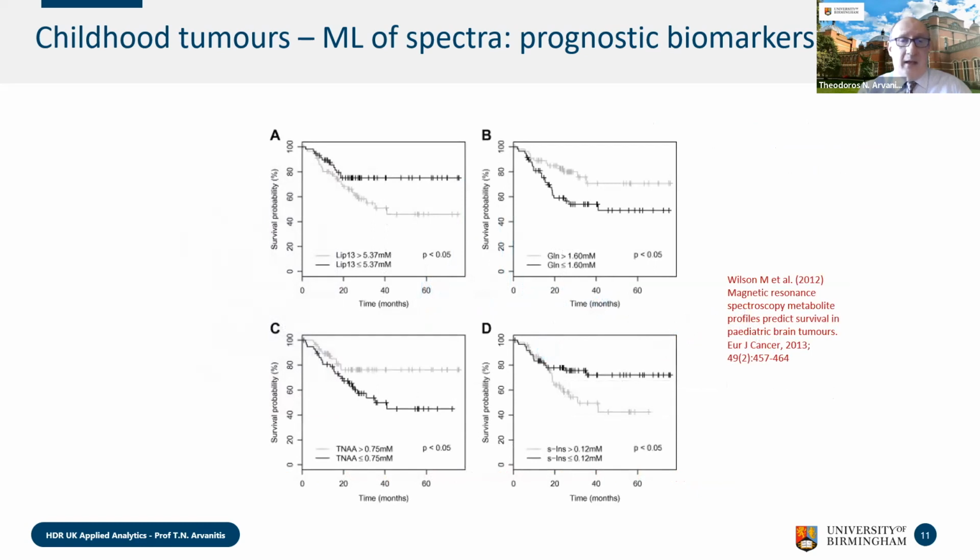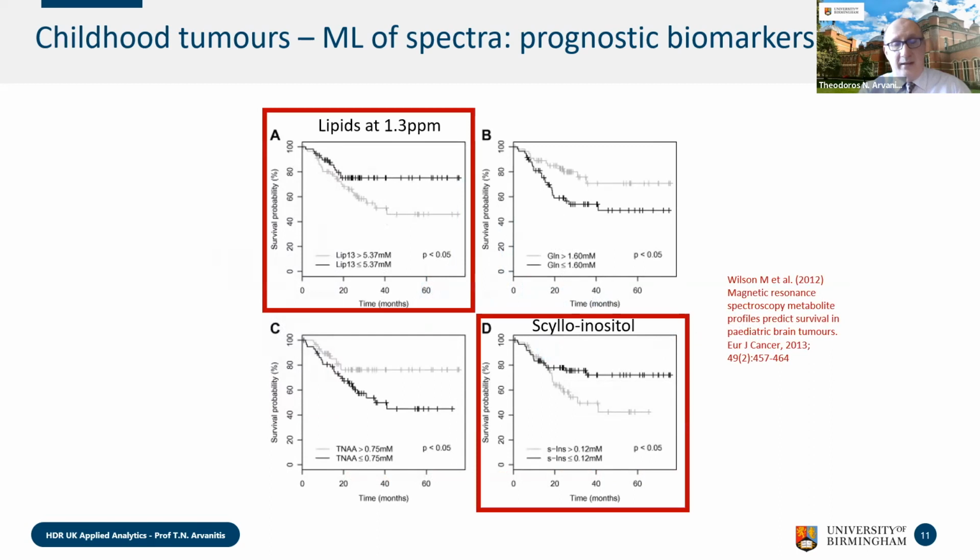And of course, we have expanded this in not only one example metabolite, but in many metabolites. And again, in the same year, we identified that unfortunately increased myo-inositol and increased lipids have a very, very bad prognosis.